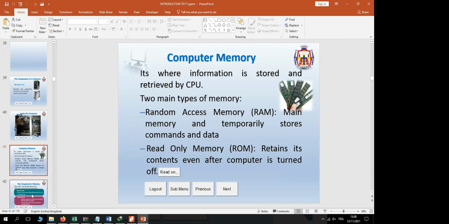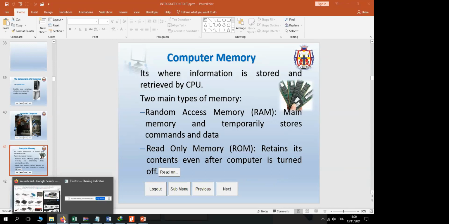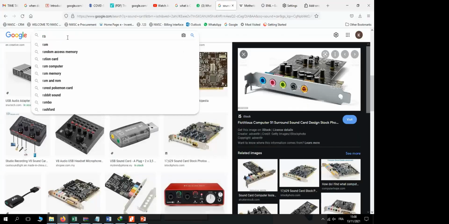For example, we have what we call main memory. Main memory is what we call RAM, or random access memory in full. What is RAM? Let me first get its image in case people need to see.